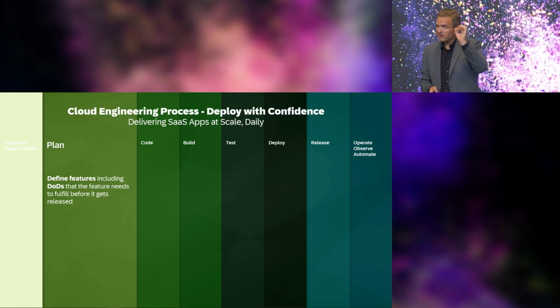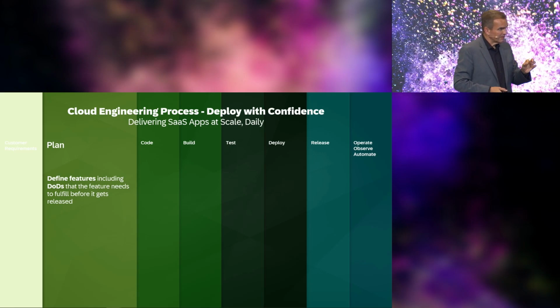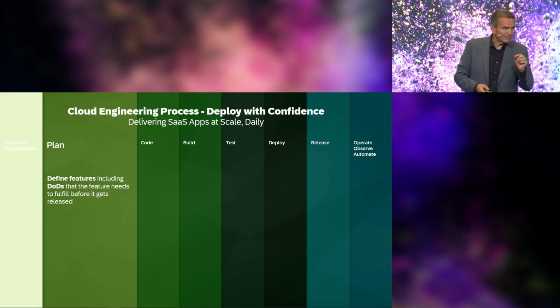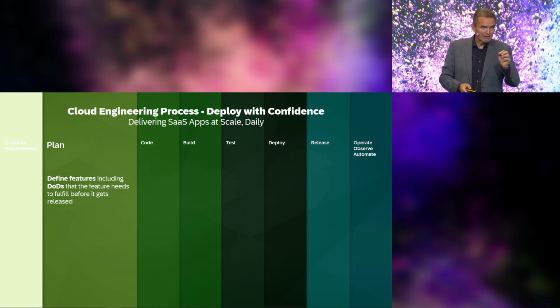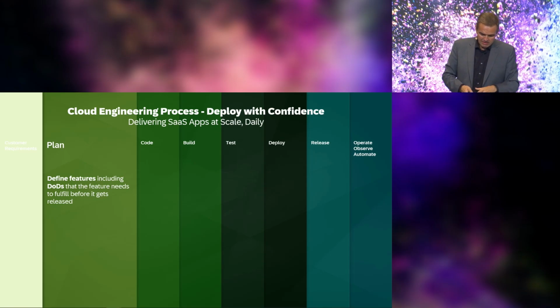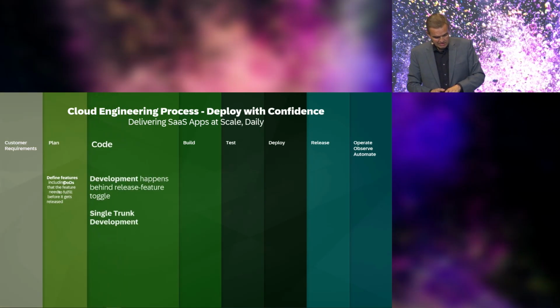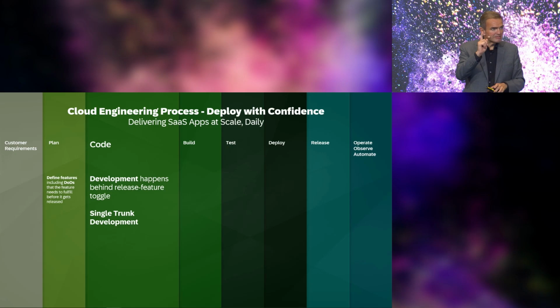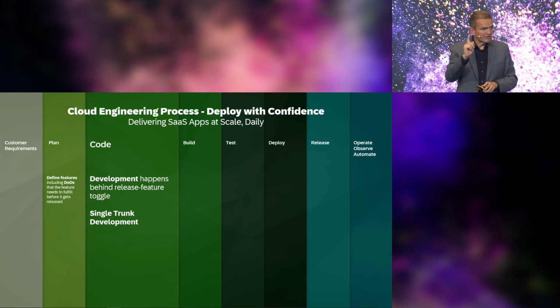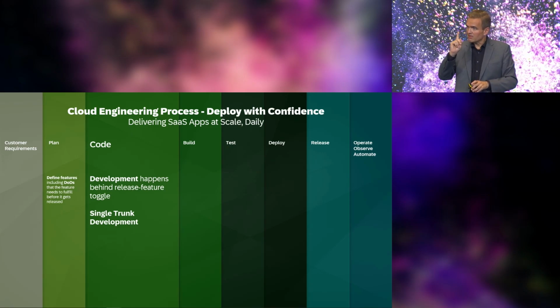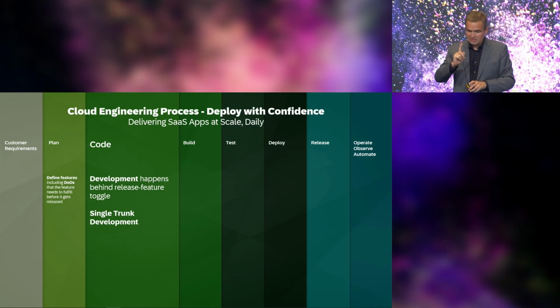They define a feature toggle and define what is behind that feature toggle for the development. They define the definition of done criteria. When is the topic done? End-to-end done. And then they give it to coding. Development happens behind that release toggle. This feature toggle is the only toggle which decides whether the feature is live or not.